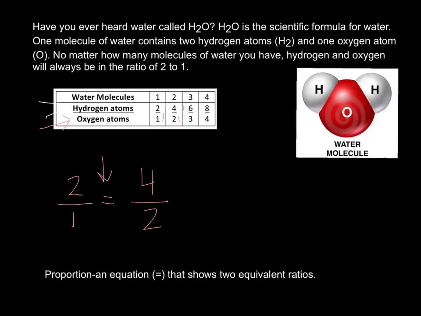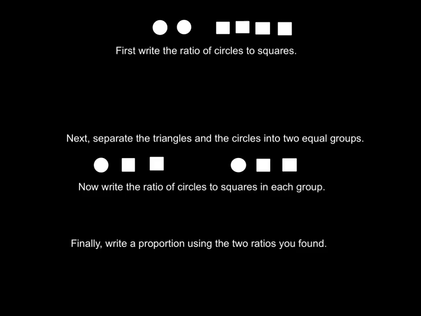So let's try some examples here. First, write the ratio of circles to squares. Our ratio could be written as 2 to 4. And next, separate the triangles and circles into 2 equal groups. Now we're at the ratio of circles to squares in each group.